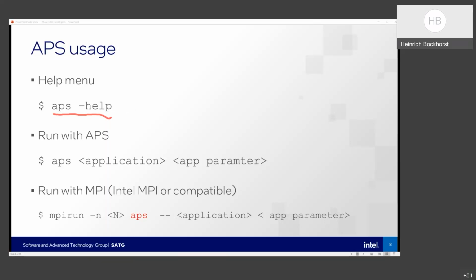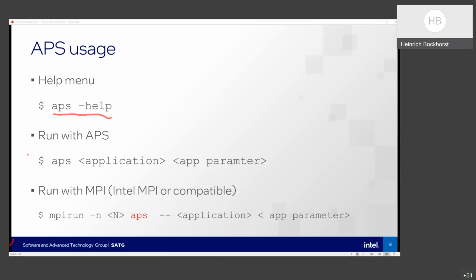And when you run with APS, you can run it by just writing APS in front of your application and the application parameters, just as a script in front of the application.